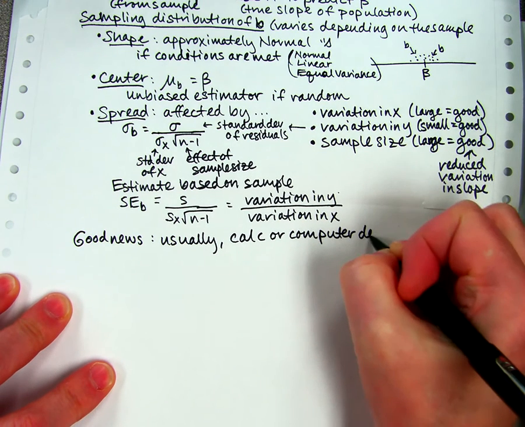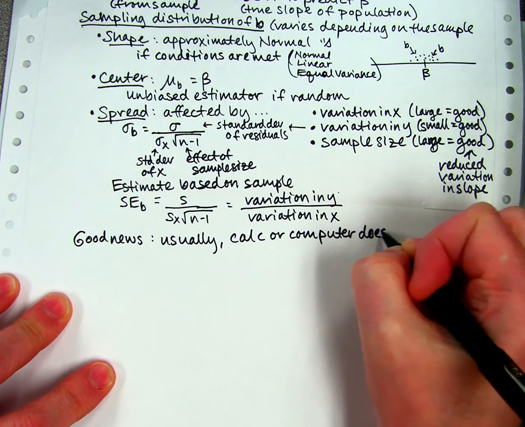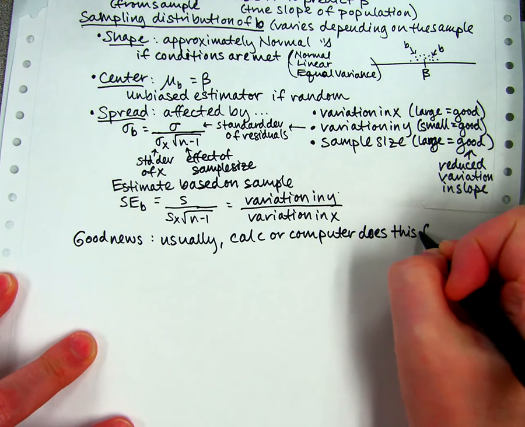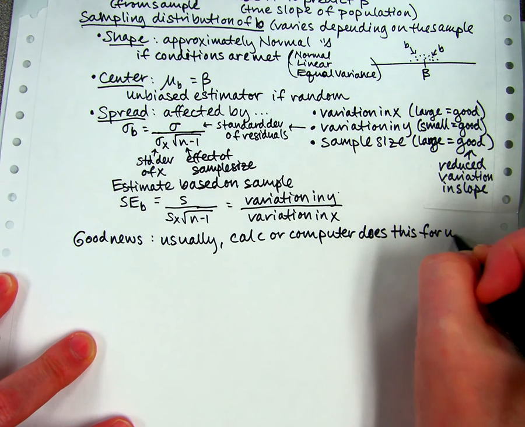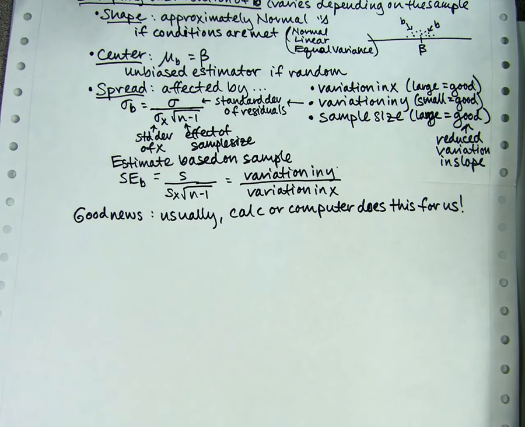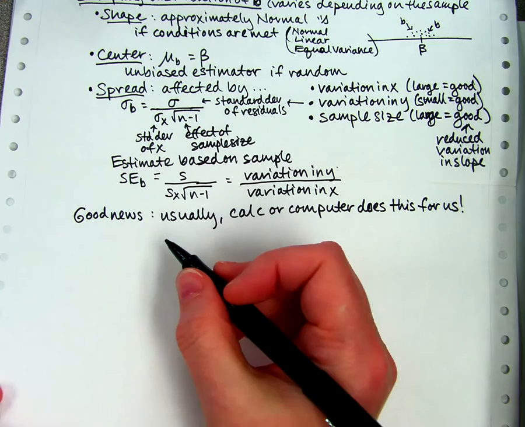I have never seen an actual AP problem where they make you use this formula. There might be something in your homework about that, but there will not be anything on the quiz where you have to use this formula. It's just there because I think it's interesting. So hey, I hope you thought it was interesting too.